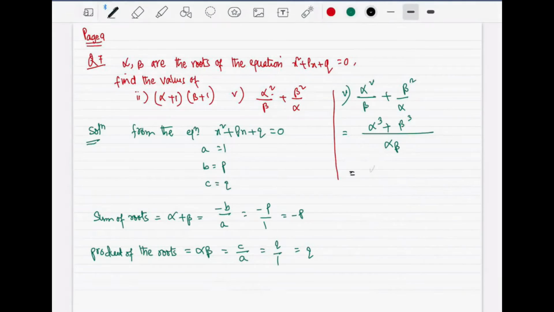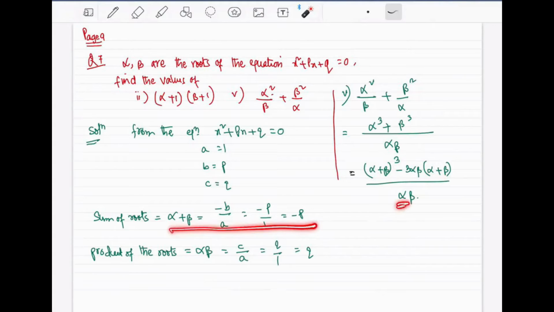We're putting (alpha plus beta) whole cube minus 3 alpha beta (alpha plus beta) divided by alpha beta. Let's see if we have all the required values for all the terms. Alpha plus beta we already have, just have to cube it. Alpha beta we have here. And the denominator alpha beta we also have. We have all the values of all the terms.